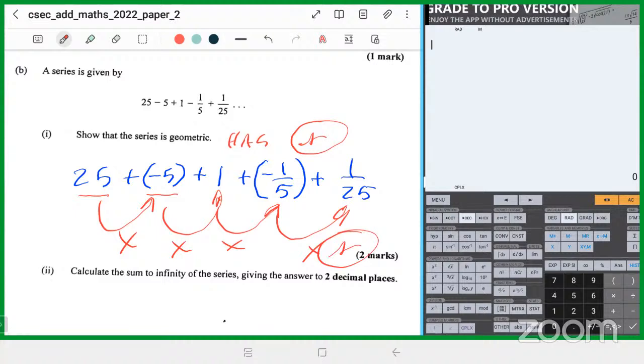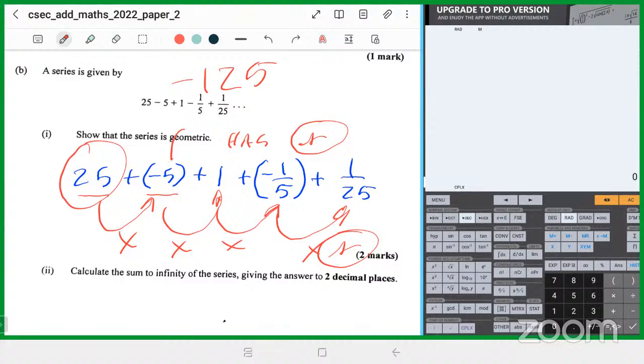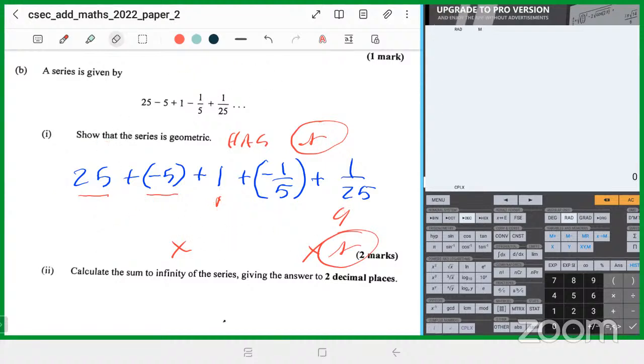No. If I multiply this by negative 5, I get negative 125. What do I multiply the first term by to get the second term?